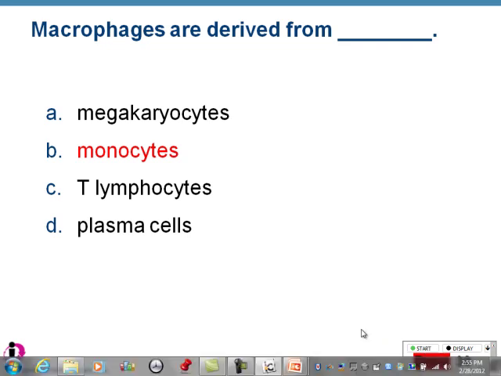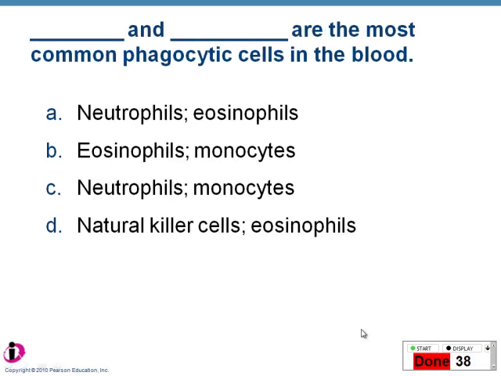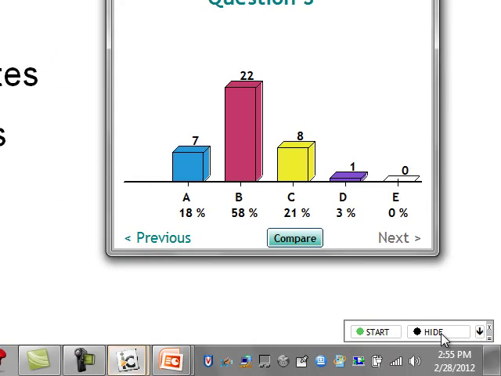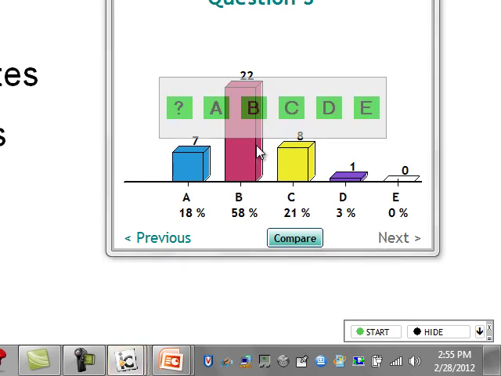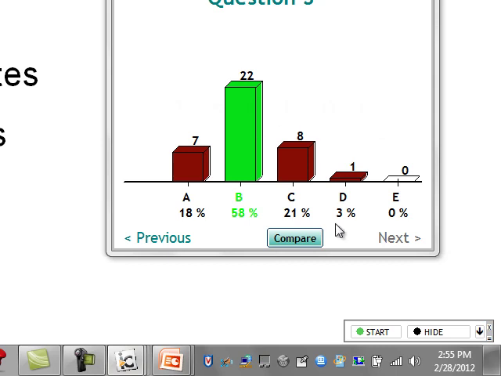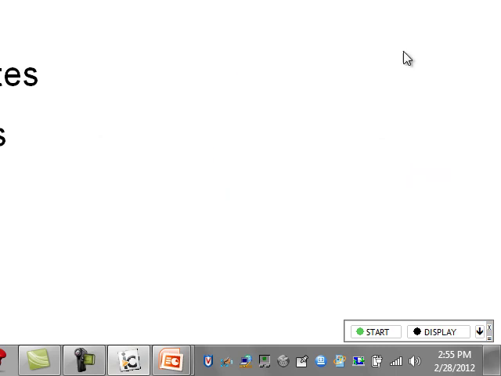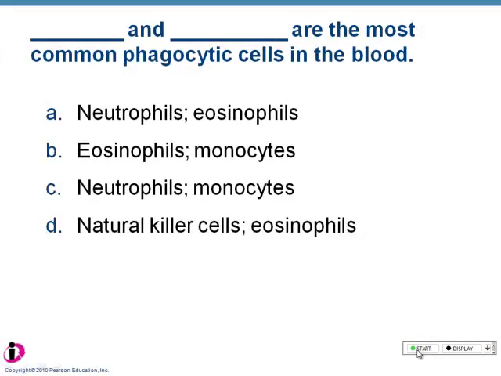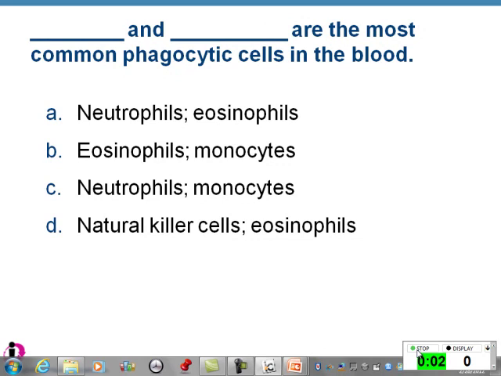I want to make sure I get it right. Oh, shoot, wait a minute. Monocytes, B. Ooh. Okay, guys, we got some studying to do. Monocytes squeeze out of the circulatory system and become macrophages. Blank and blank are the most common phagocytic cells in the blood. The most highest in number phagocyte.